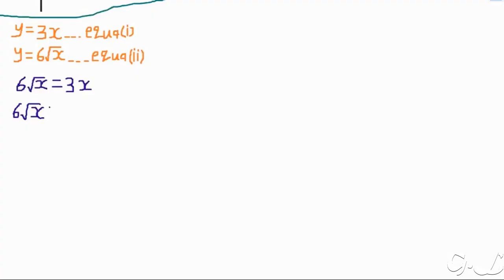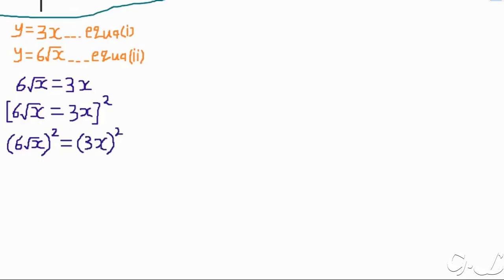So 6 square root of x is equal to 3x, and then we have to find the value of x. Now we have to square both sides so that it can be easier for us. When we square both sides, it will be (6 square root of x) squared is equal to (3x) squared.